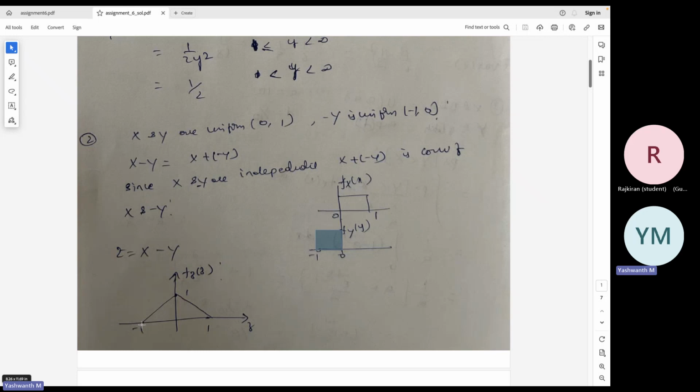The support will be minus 1 to 1, and the peak is 1. Because it is density, its area should sum to 1. So this is a triangle. The area of this triangle is half times 2 times 1, which is 1. So this part is important.